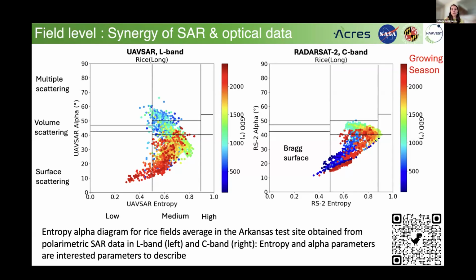The further you go through the growing season, the more the radar sees the volume of the plant, so it will be the difference of size between fields. The L band, and not the C band, is even able to see through the rice, going deeper, like multiple scattering, to see the difference in rice inside the field, which is not the case for RADARSAT-2, the C band.